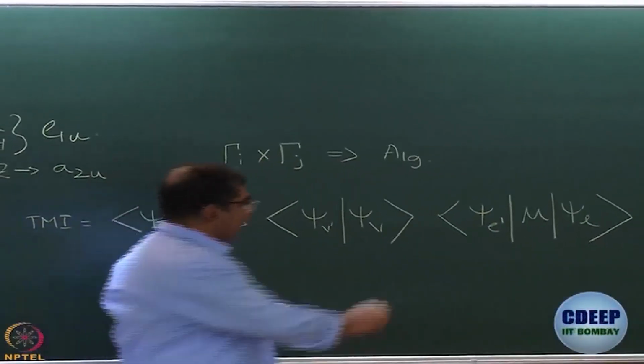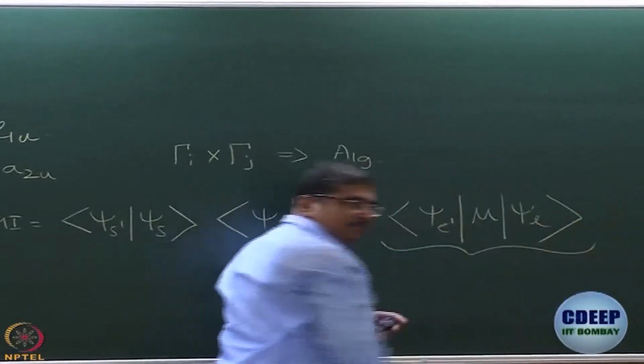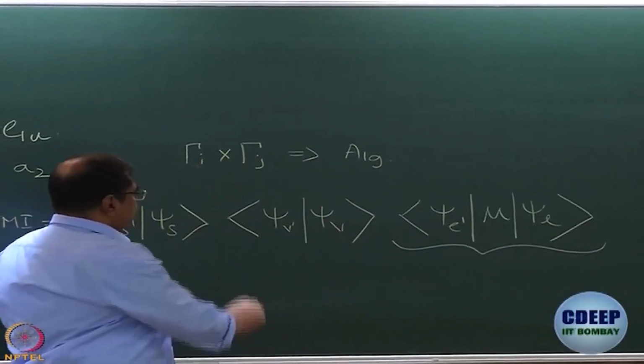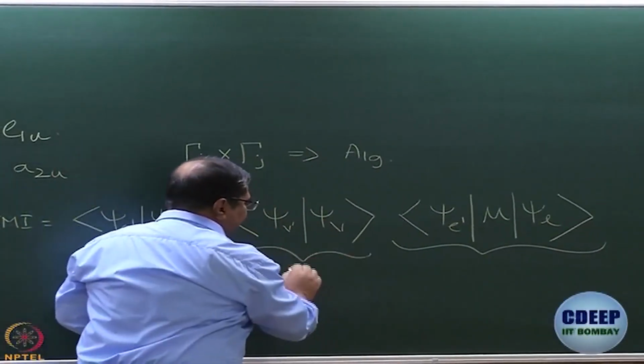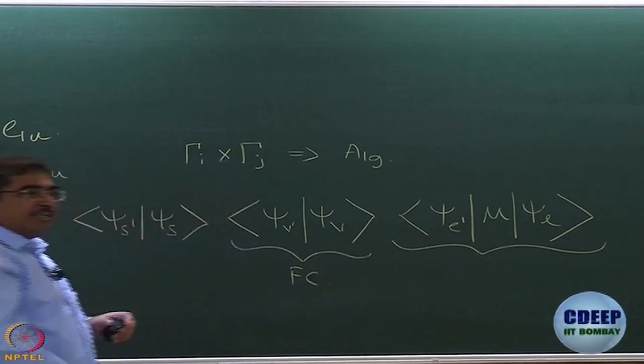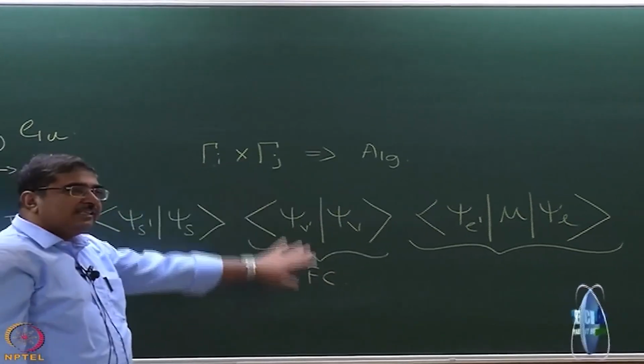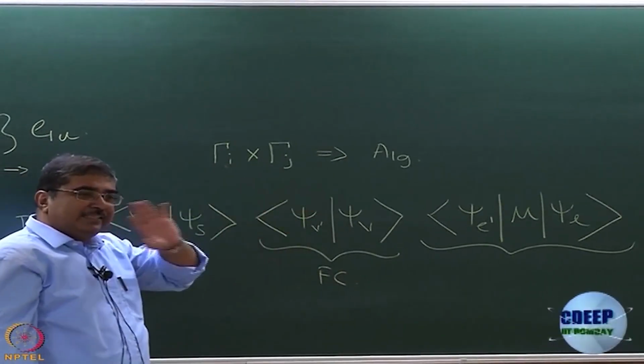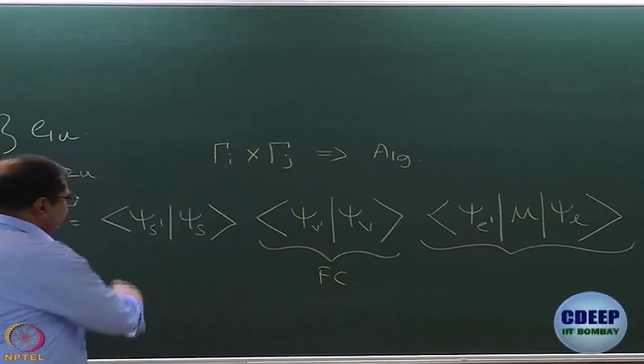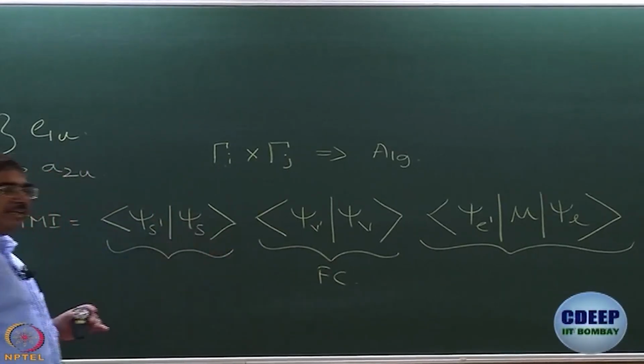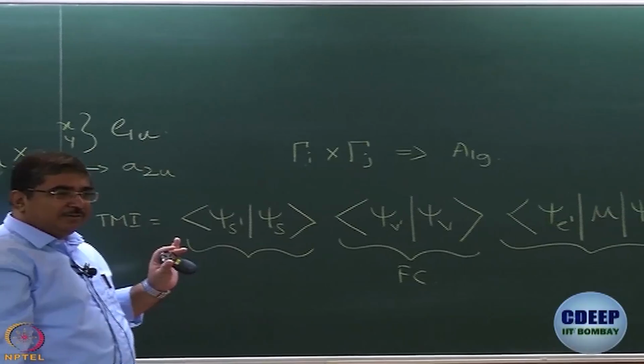So far what we have discussed is this. This part we have said is the Franck-Condon factor, it decides the intensity. This part decides whether a transition is spin allowed or not, alright.